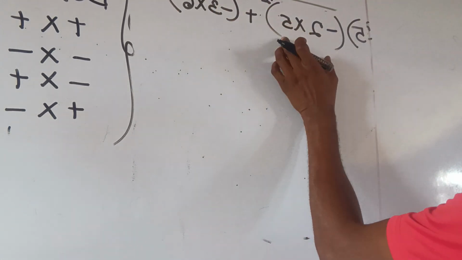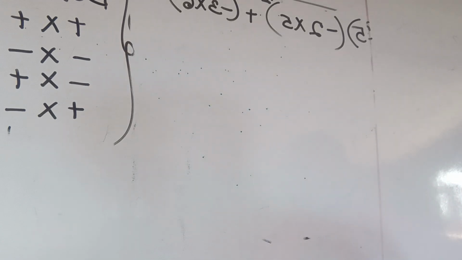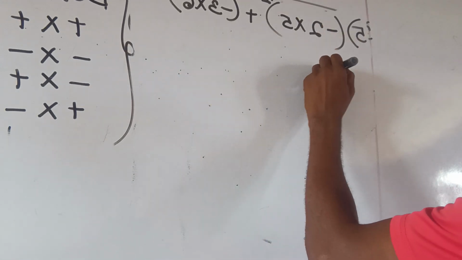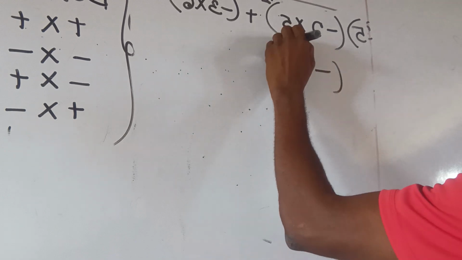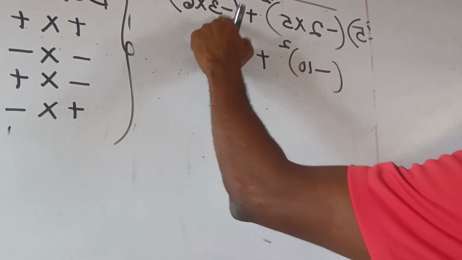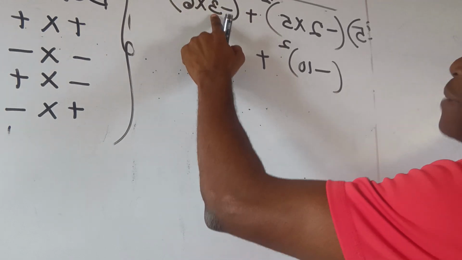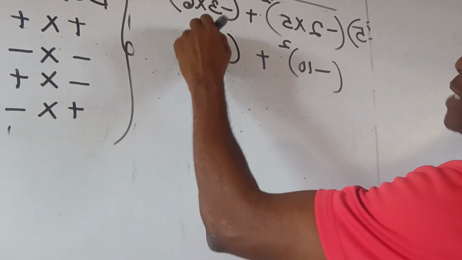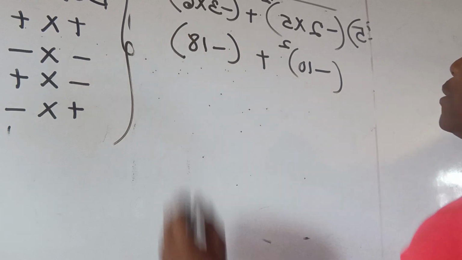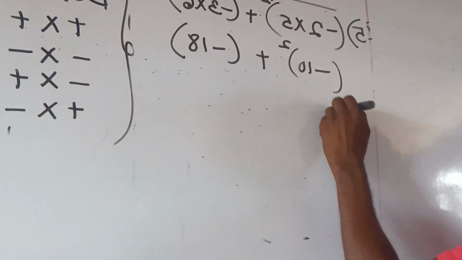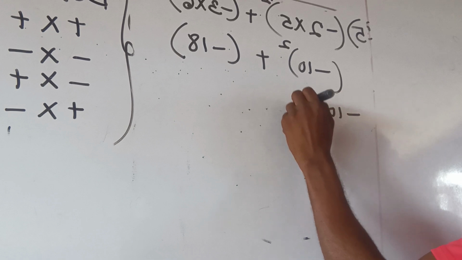Let's deal with each of the brackets. Minus 2 times 5 is going to give me minus 10, all being squared, plus minus 3 times 6, that's minus 18. Now, minus 10 squared simply means minus 10 times minus 10.